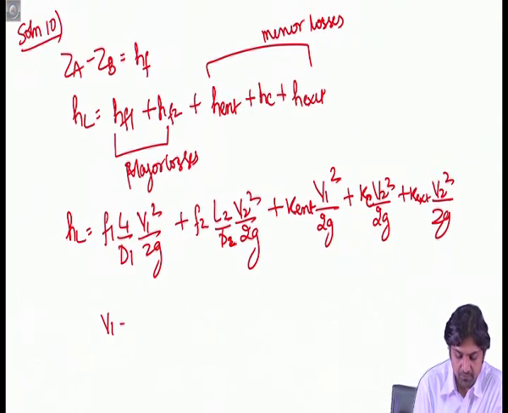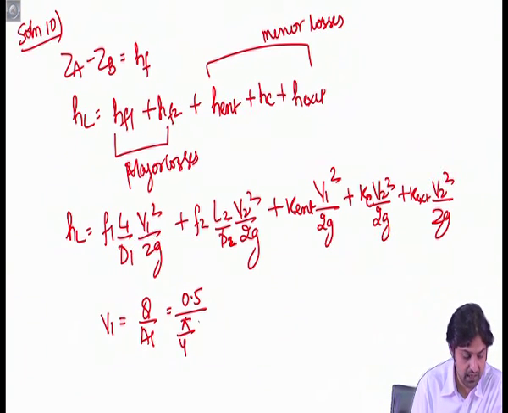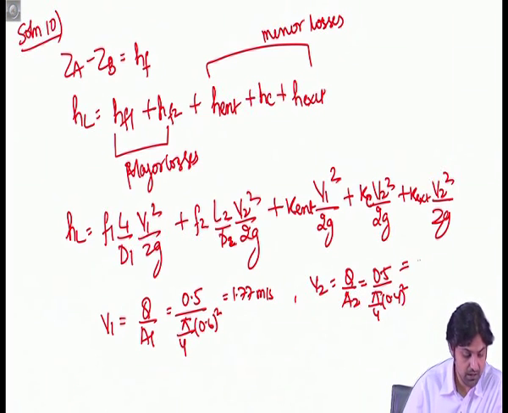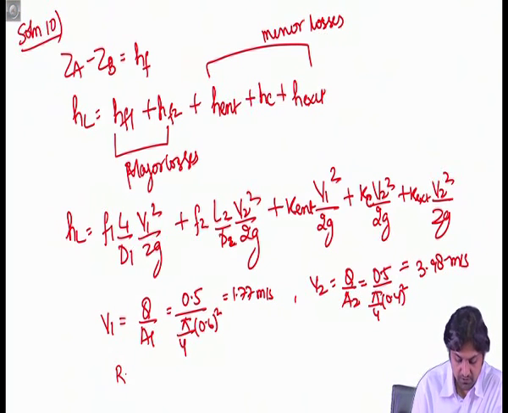So, simply for pipe 1, V1 is discharge by area 1, discharge is given as 0.5, and the length and diameter, everything is given. So, it will come to 1.77 meters per second, whereas V2 will come out to be Q by A2, 0.5 over pi by 4 into 0.4 whole square, and this will come to be 3.98 meters per second.